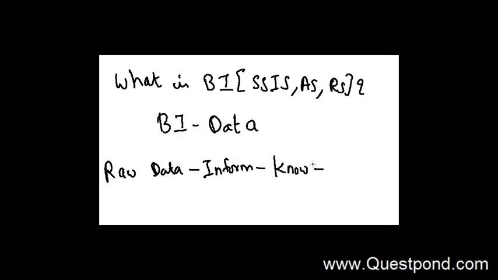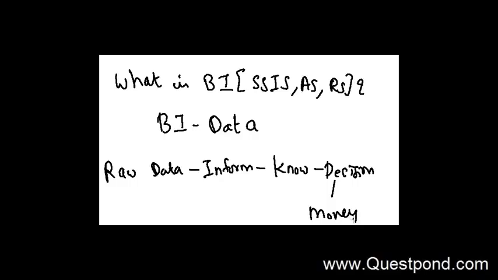And from knowledge, you make good decisions. And by those decisions, you make profits or you make money. So at the end of the day, business intelligence is all about converting your raw data into information and using that information for better decision making and for better profits.